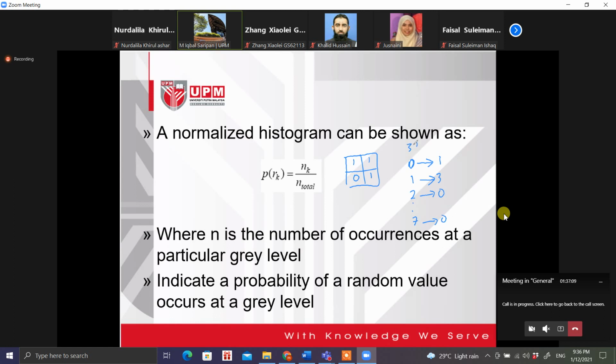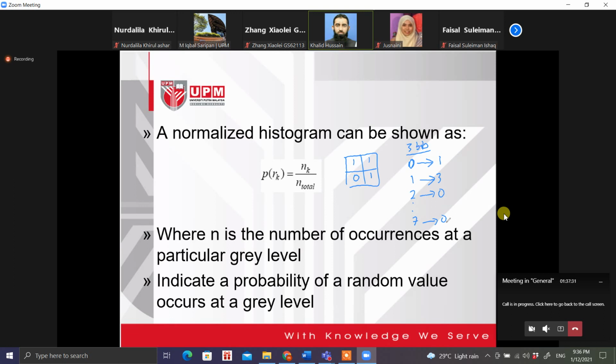This is for 3 bits. Can you all follow me? Do you understand how I get these numbers? 0 appears 1 time, 1 appears 3 times from these pixels. We don't have any 2 here, so 2, 3, 4, 5, 6, 7 appear 0 times. Do you all understand me? Yes, Prof.